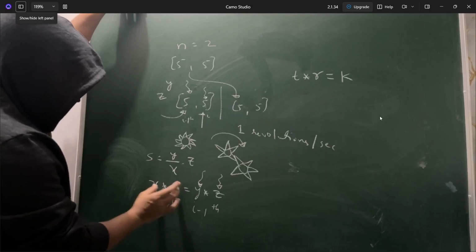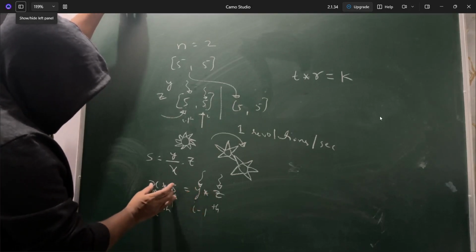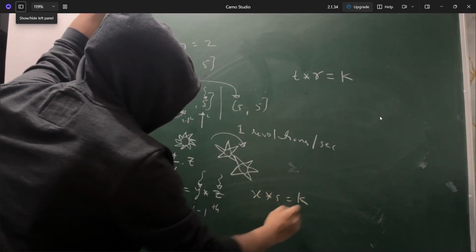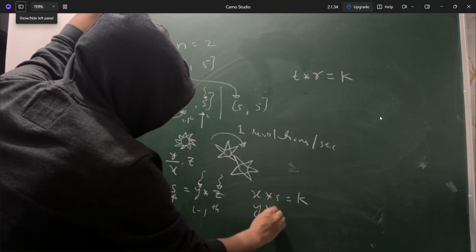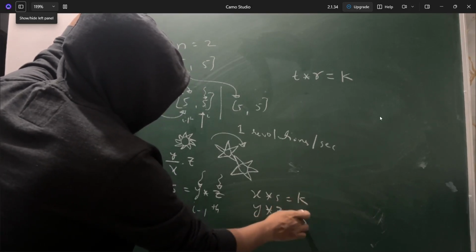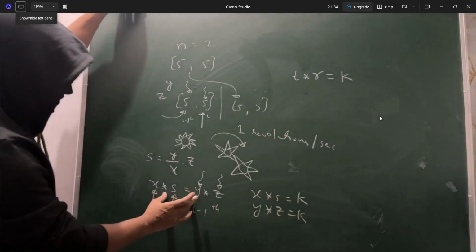These two equations in mathematics you can put this way: x into s is equal to some constant k, and y into z is equal to some constant k. Since the RHS are equal, the LHS can be equated. So that is the condition.